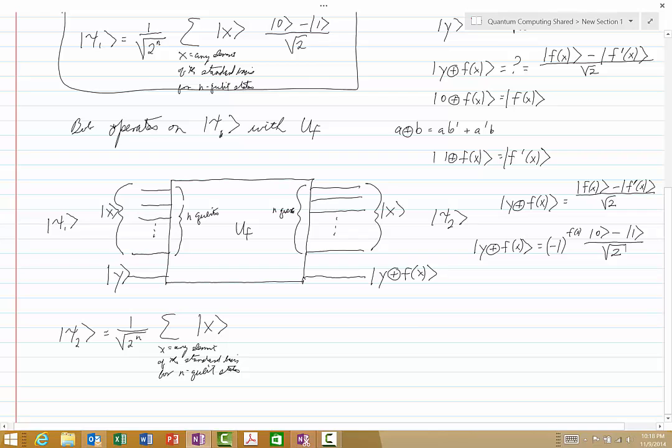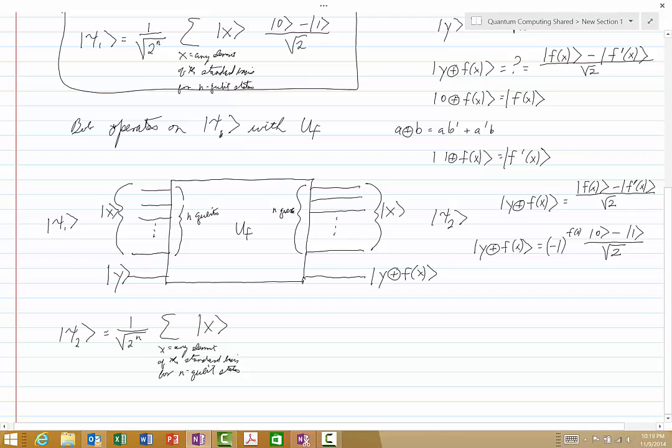Now we only have to check one more case, when f of x is equal to 1. Then this would be 1 minus 0 over the square root of 2. Down here, we get negative 1 to the first power, which is the negative of 0 minus 1 over square root of 2, and so it becomes 1 minus 0 over the square root of 2. So these two expressions agree in both possible cases, and it is the latter one that we will use here.